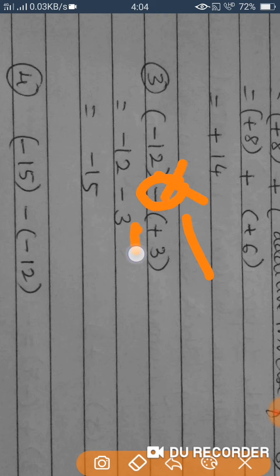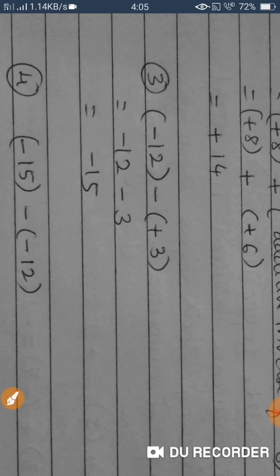So plus 3 becomes minus 3. Minus 12 and minus 3, just add the integers. 12 plus 3 is 15, keep the common sign, that is minus 15.